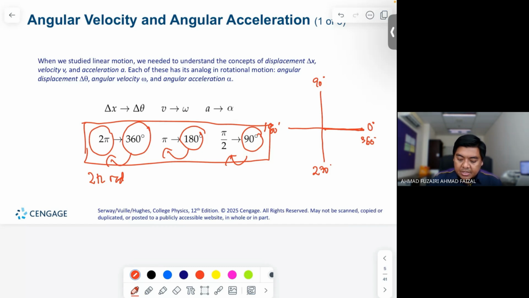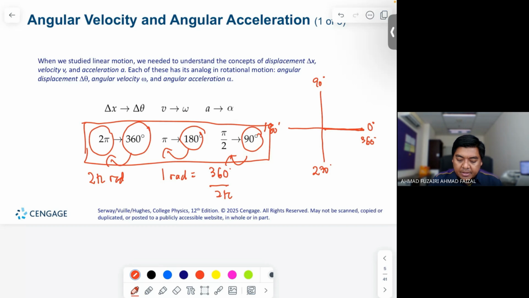So we need to know, for instance, what is 1 radian? Okay, 1 radian is equivalent to 360 degrees divided by 2 pi. It's very easy.